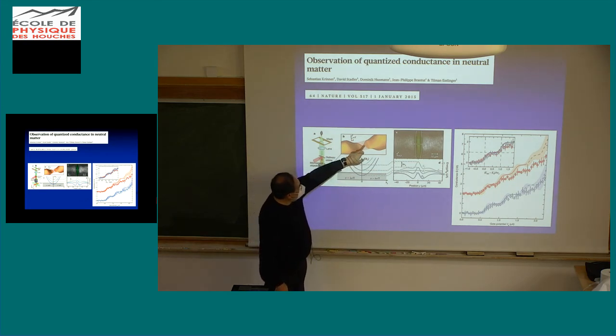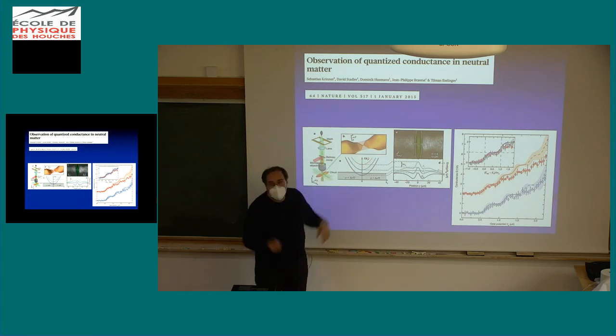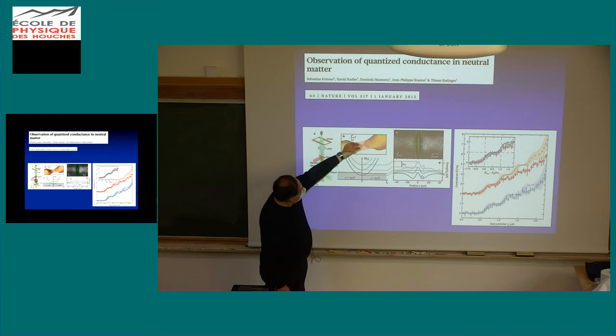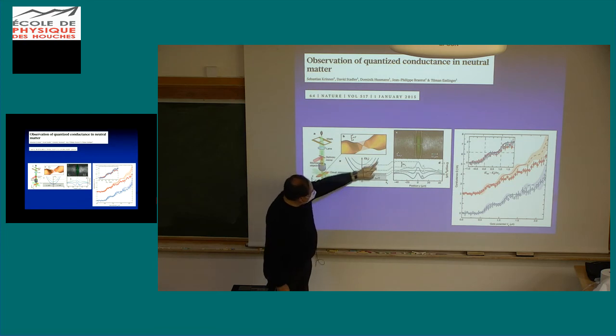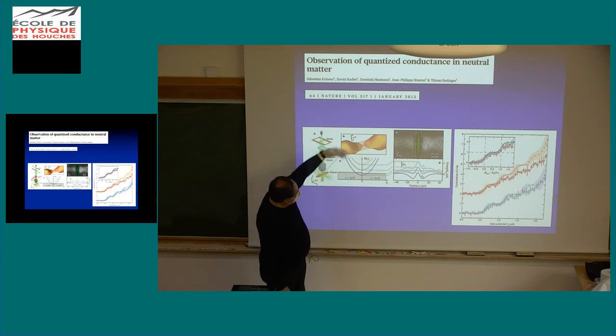In the little wire, which is here, we get various modes of transmission. Remember the modes that Jacopo told you about? Well, it's the same here. Because of the finite size, you get quantization of the transverse degrees of freedom. So you get one free band at k perp equals 0, one free band at k perp equal 1, one free band at k perp equal 2, and so on.